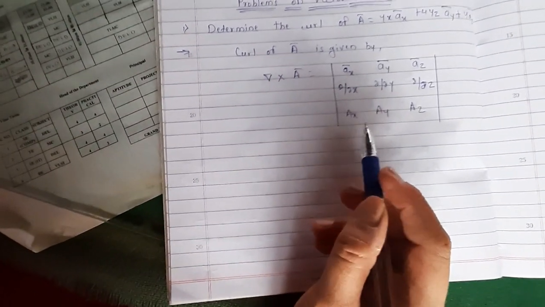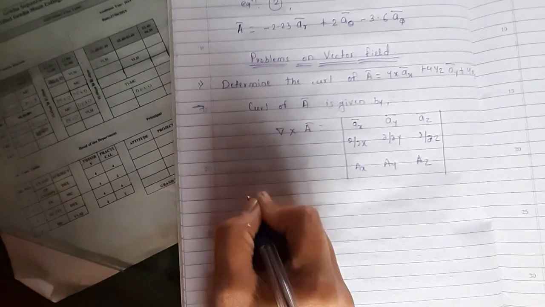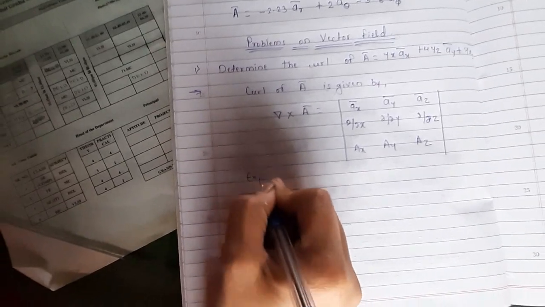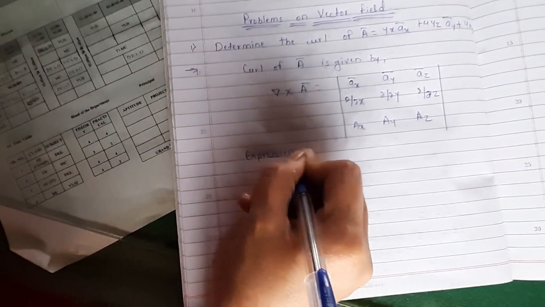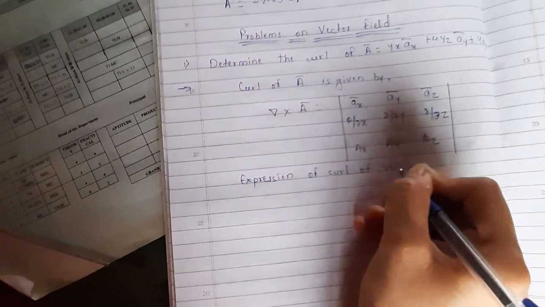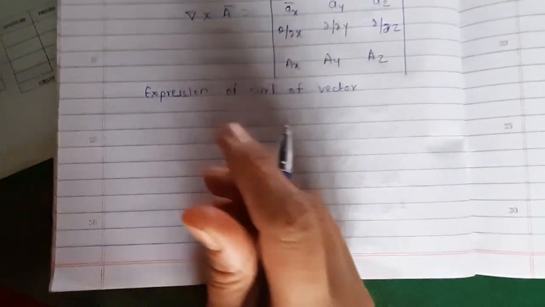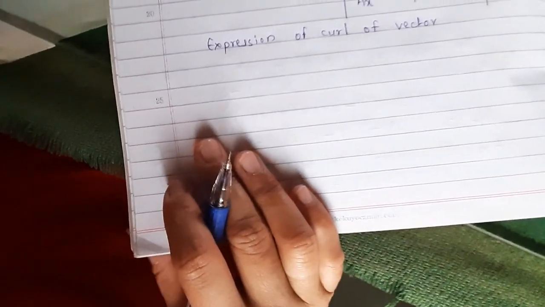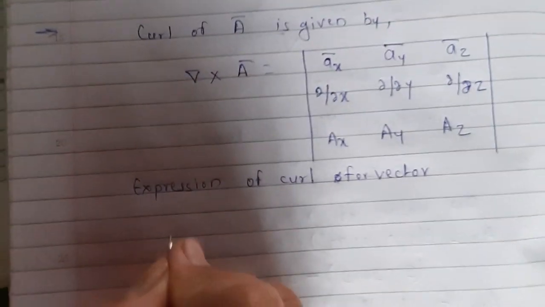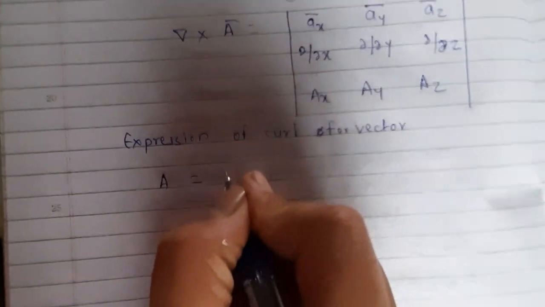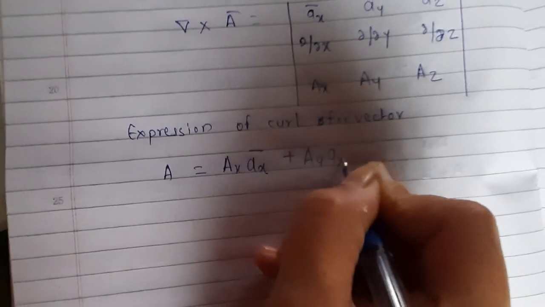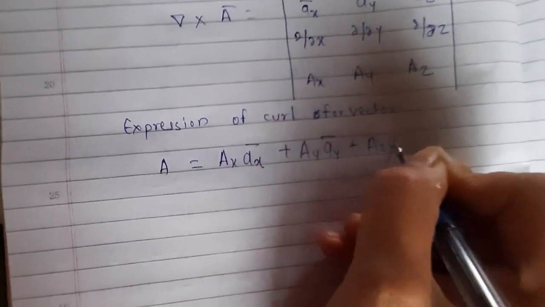This is the expression of curl of the vector. So the expression of curl for vector A is equal to Ax bar plus Ay bar plus Az bar.